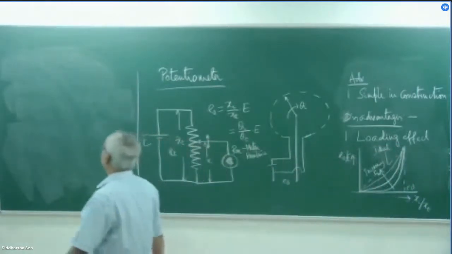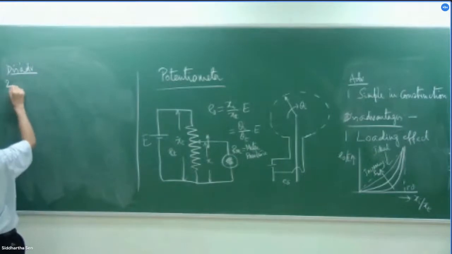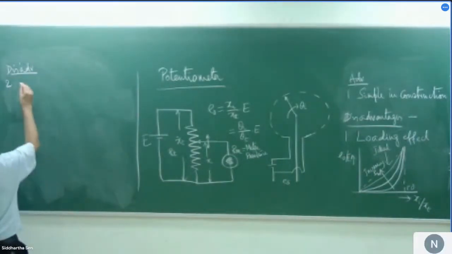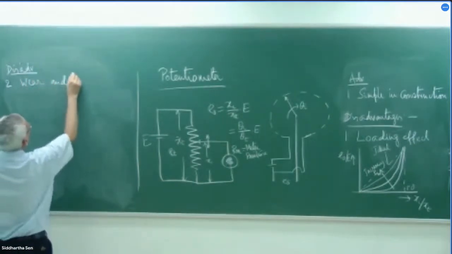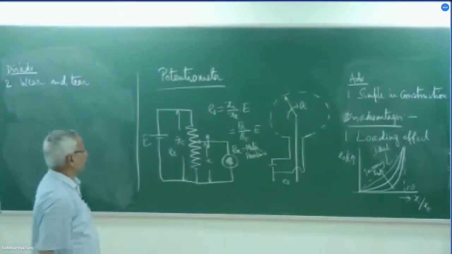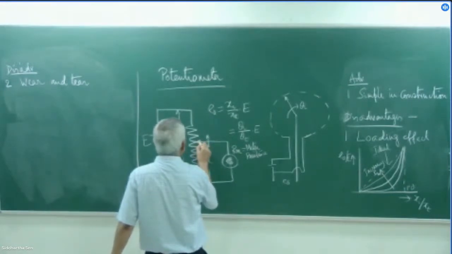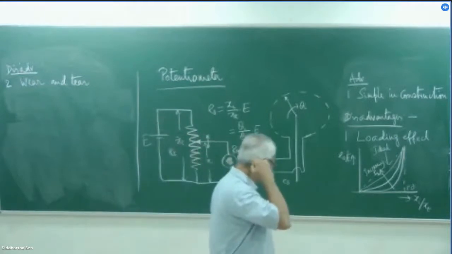Disadvantage 2 is wear and tear, because the potentiometer contact comes in touch with the resistance like this.